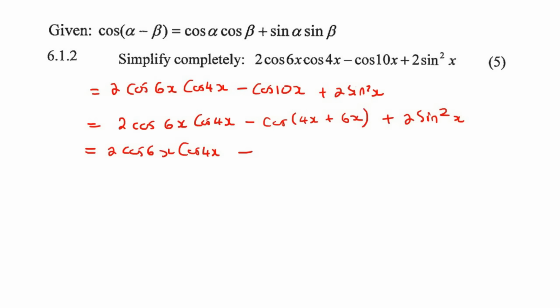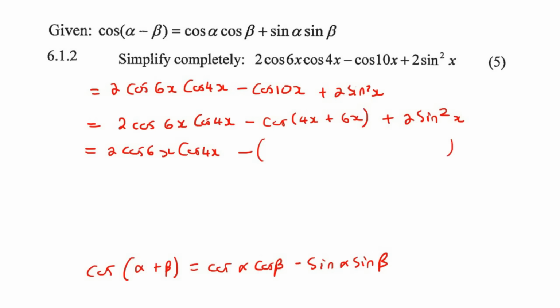Now we know that on our formula sheet, cos of alpha plus beta is the same as cos alpha cos beta minus sin alpha sin beta. So we're going to put it in a bracket, because this minus can get a little bit dodgy. That's important. So we're going to say cos 4x cos 6x minus sin 4x sin 6x, and then plus 2 sin squared x, which we don't really care about that part right now.